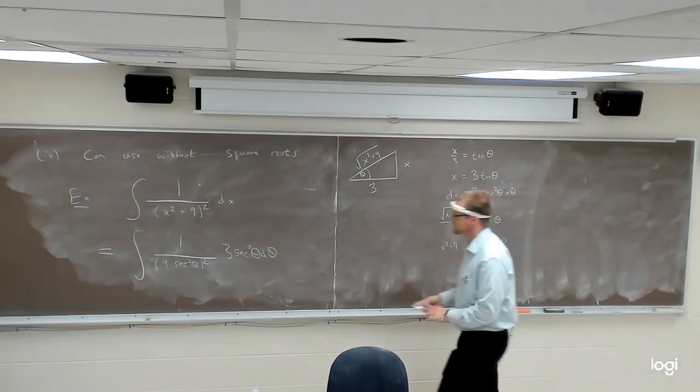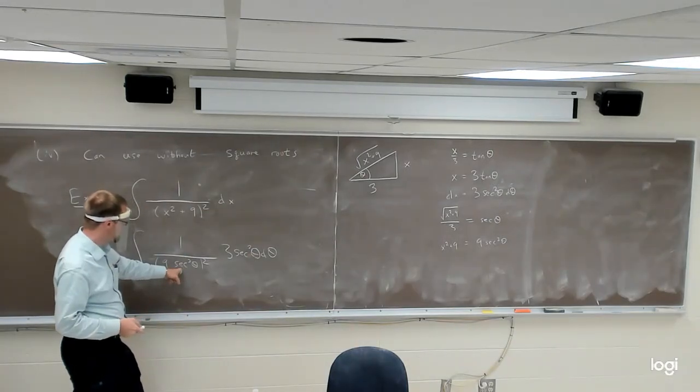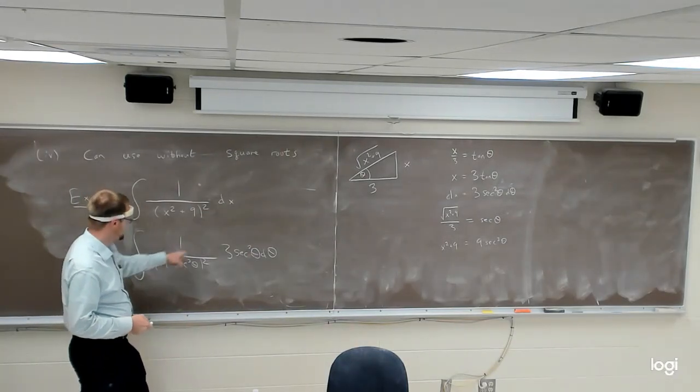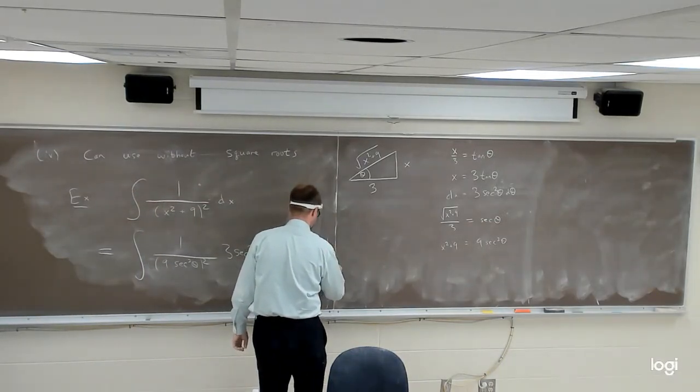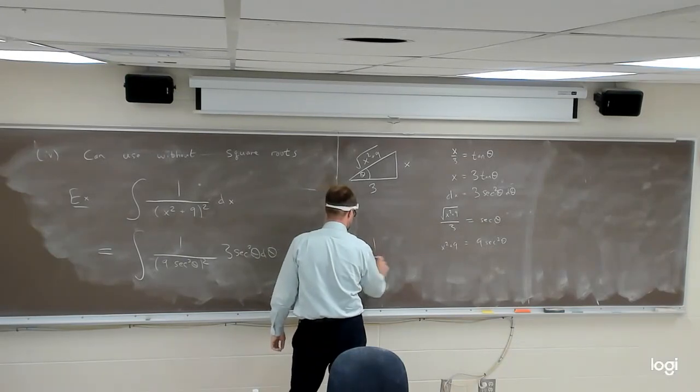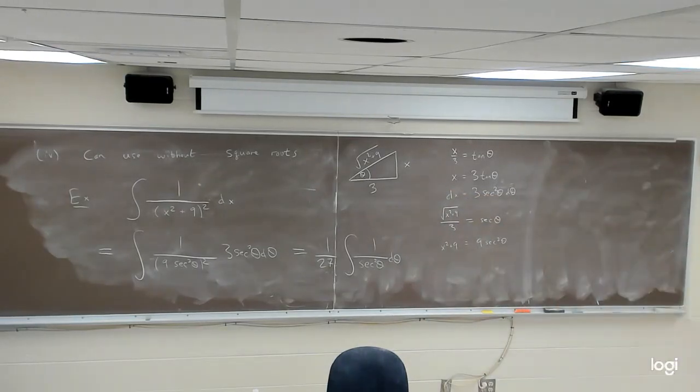I can see some cancellations. Secant squared cancels with secant squared, although there's another secant squared left. 3 cancels with 9 squared, that'll be 1 over 27. And I can do at least the first round of simplification to get here. Okay, my constants come out to a 1 over 27, and I'm integrating 1 over the secant squared.